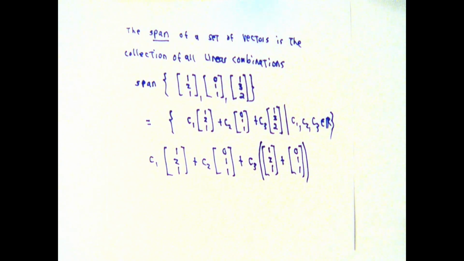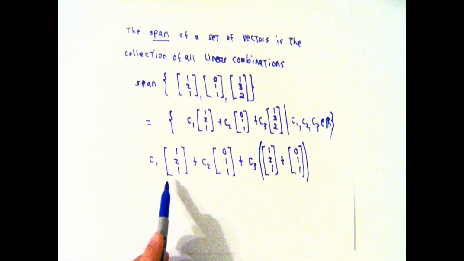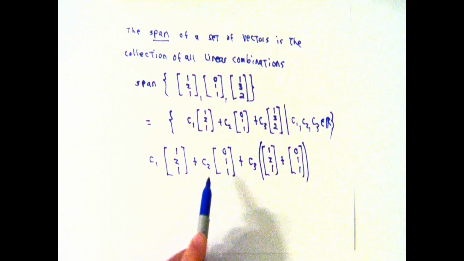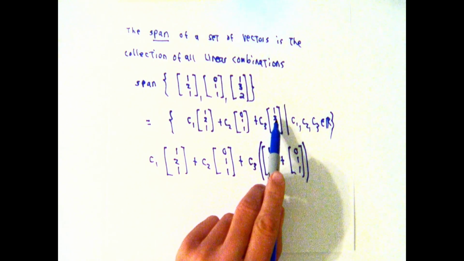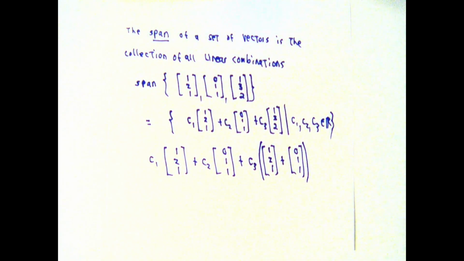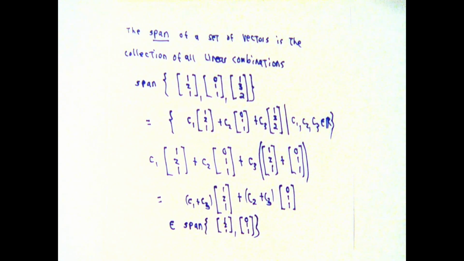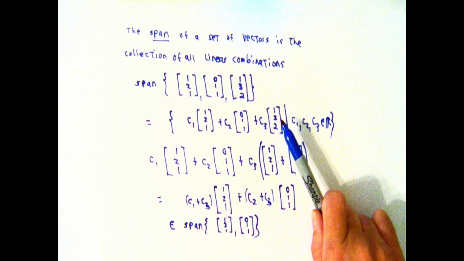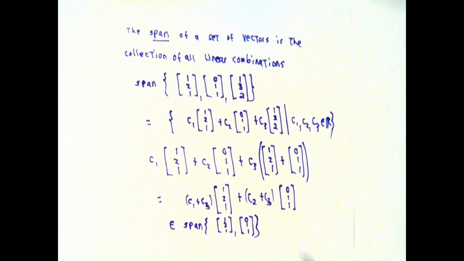Because of what we just found out about these 3 vectors, if I form a linear combination, I could write down C1 times the first vector plus C2 times the second vector plus C3 times the third vector, but we made the discovery that that third vector is the sum of the first 2, so I could write it this way. It turns out that any linear combination of these 3 vectors is actually a linear combination of the first 2.